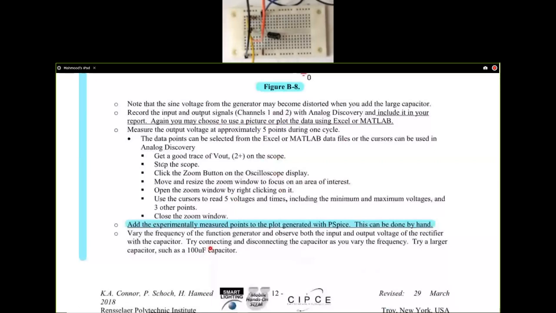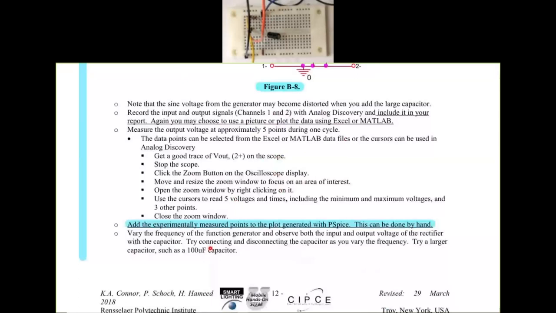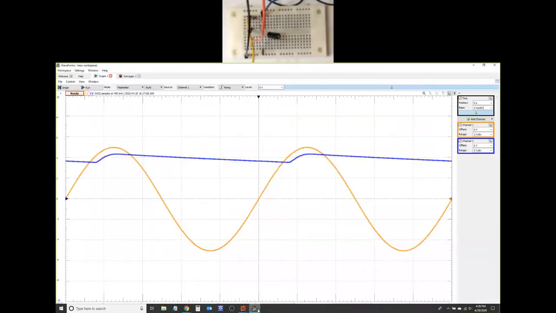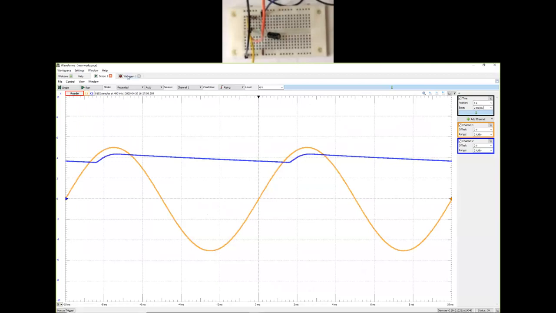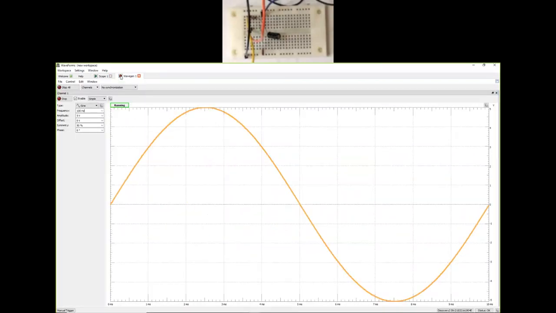Okay, so let's see. Circuit is the same. Going to go back to WaveGen. I already did this one with the smoothing capacitor. Going to go back to WaveGen and let's say we make it faster. I'm going to change the frequency of the sine wave to 1 kilohertz. Same amplitude, same type.